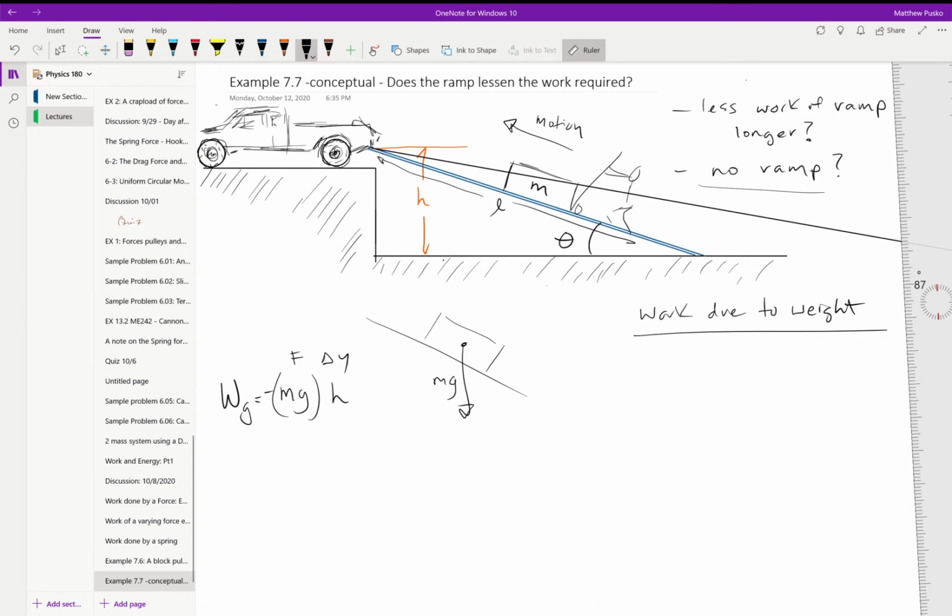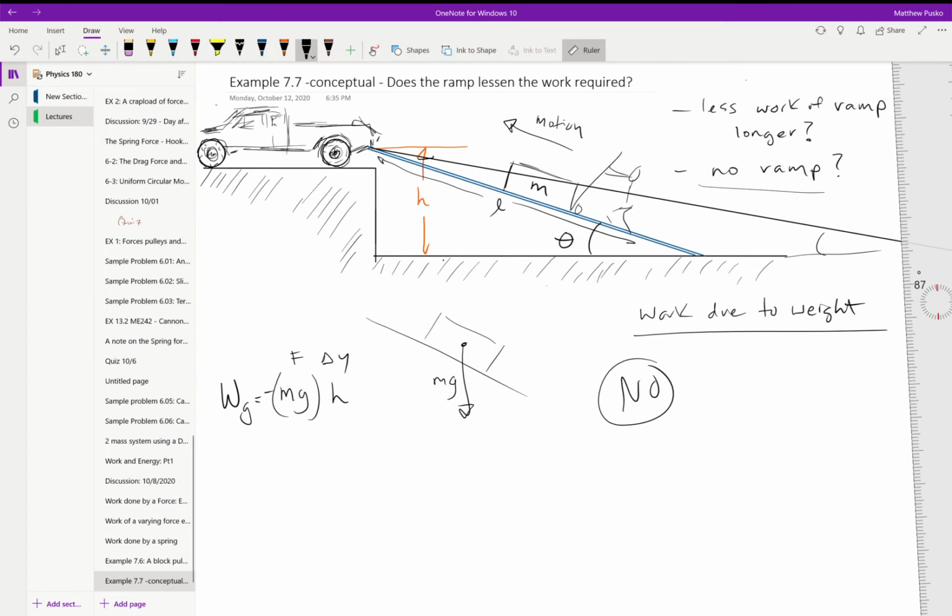If we were to make this angle less steep, yes, it would be easier to push up it. If we were to take the ramp away completely, we would have to lift the entire mass, the whole component of the weight, up to the truck. But does it do less work? That's the question. Does any scenario cause us to do less work? And it's no.